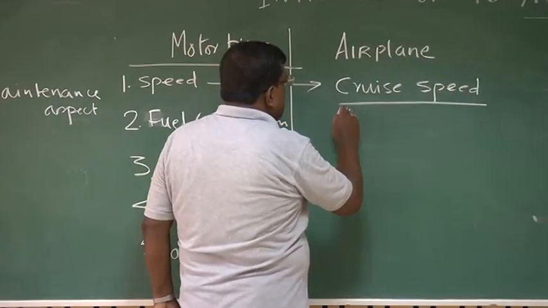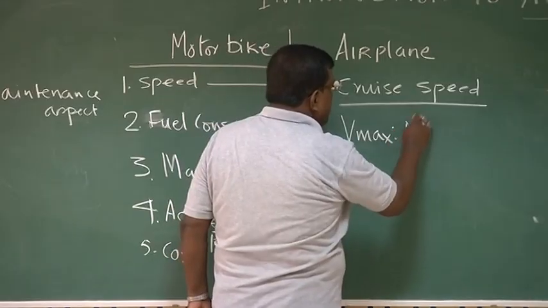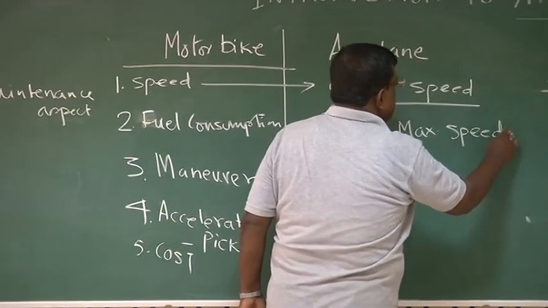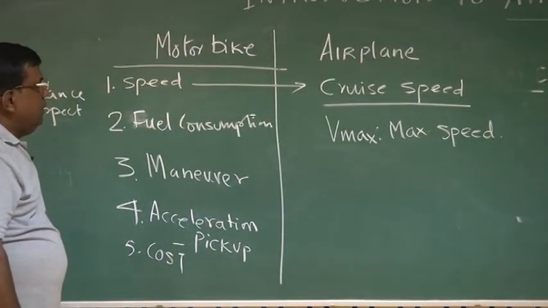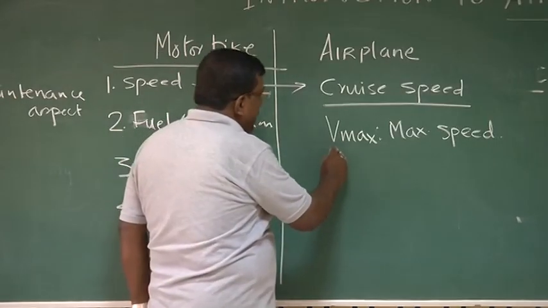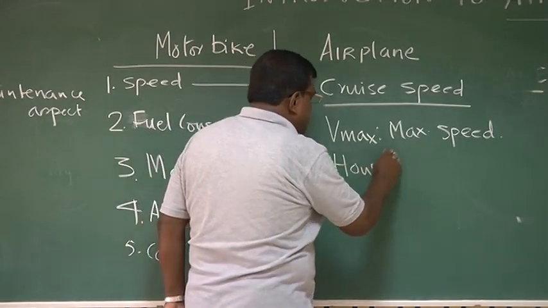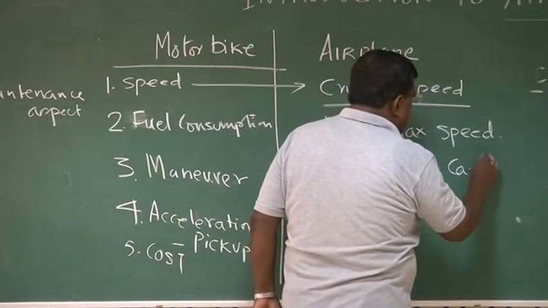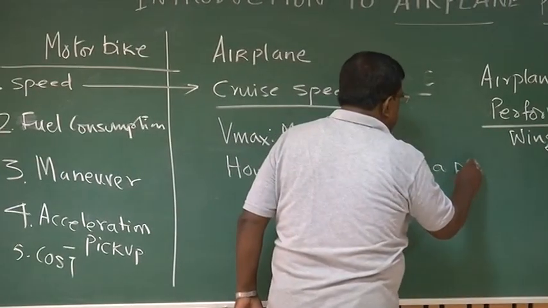We can also think of Vmax, that is, the maximum speed. Then for an airplane, I can also ask how fast I can climb to a particular height.